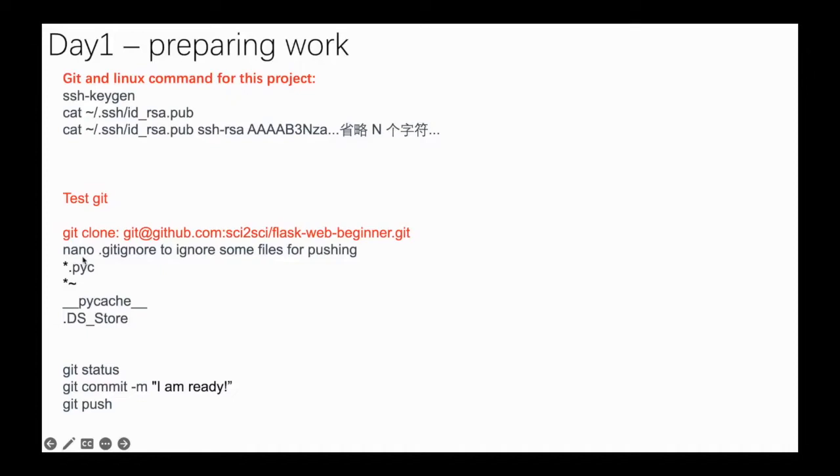For example, you can use the nano command to create the .gitignore file for these file names, and then you can test pushing some commands to your project GitHub repository. Okay, let's do it one by one.